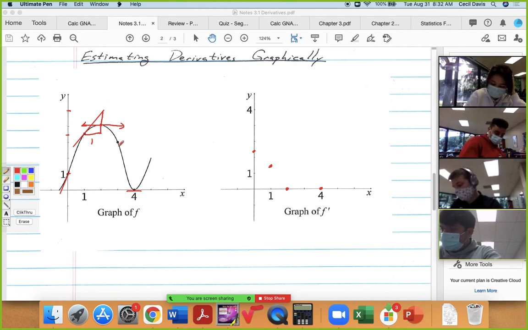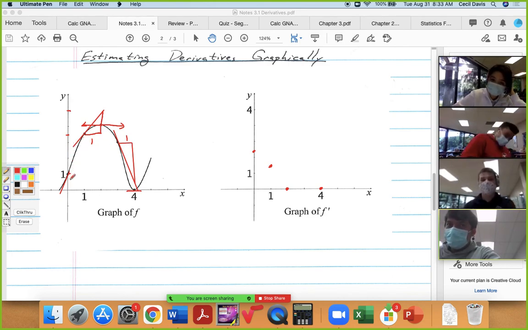And then over here, I'll draw in another one. This one's pretty steep. So if I draw in a slope triangle, I go over 1. This goes down from just under 3 to a little past 1.